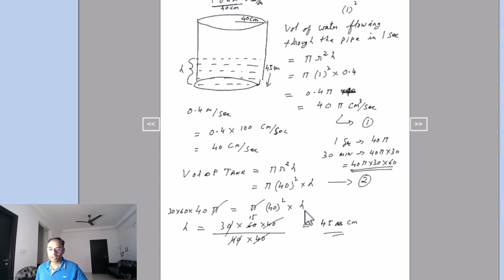Alright, this looked a little exhaustive, so I hope you got the gist of it. Whenever we have the time and speed given in these kinds of questions, surface area and volume related questions, I hope you got an idea of how we can solve this problem, right?